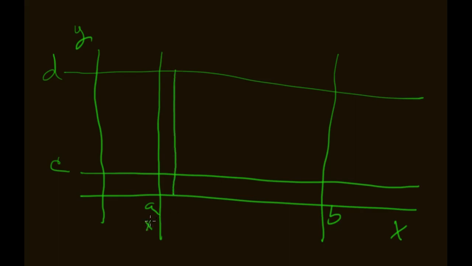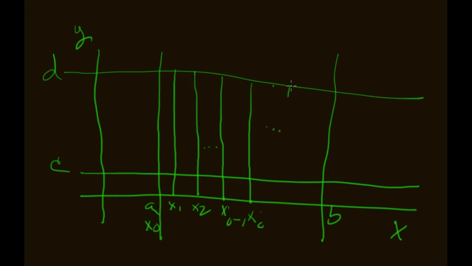So this is at x0, so this will be x1, x2. Okay, so we're going to keep moving. We're going to call this one x i minus 1. This one is x i. And then we make more, and then we get out to x n minus 1, and b is, of course, x n. All right, so in the y direction, we do the same thing.